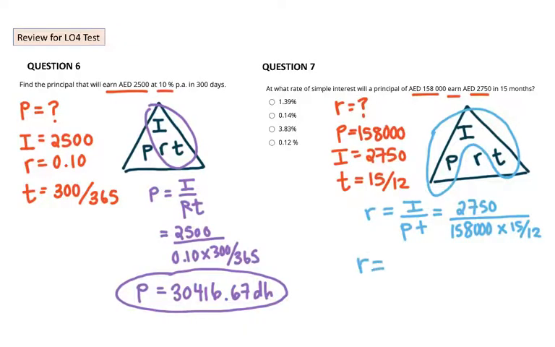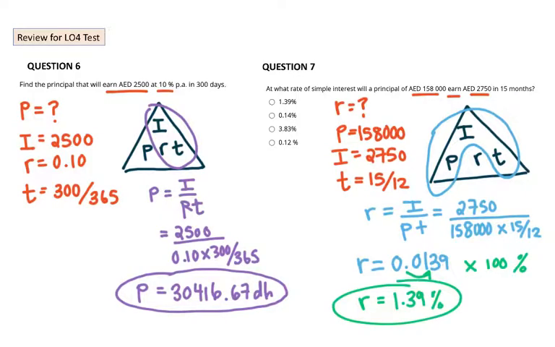And when we plug all that in, we get that the rate is 0.0139. And if you notice, the choices here have a percent sign next to them. So anytime you want to turn a decimal into a percent, you multiply by 100%. So that goes this way, 2 decimal places. So the R is 1.39%, which is this choice.